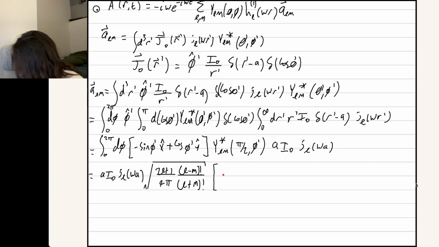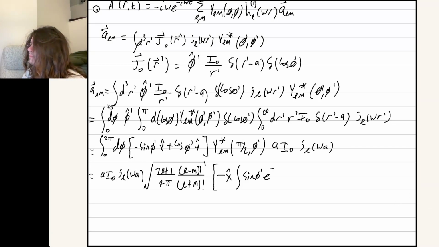We're going to have one which is proportional to minus x hat, and it's going to be the integral of sine phi prime e to the minus i m phi prime d phi prime.